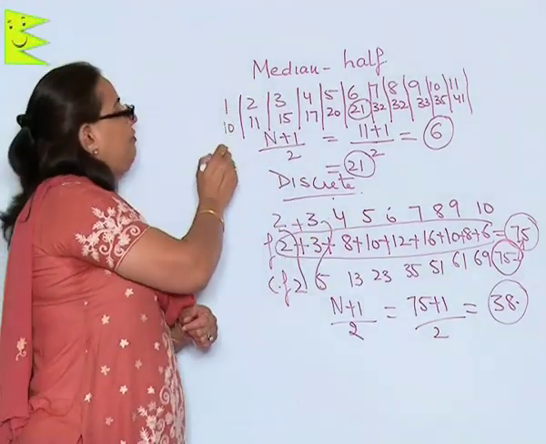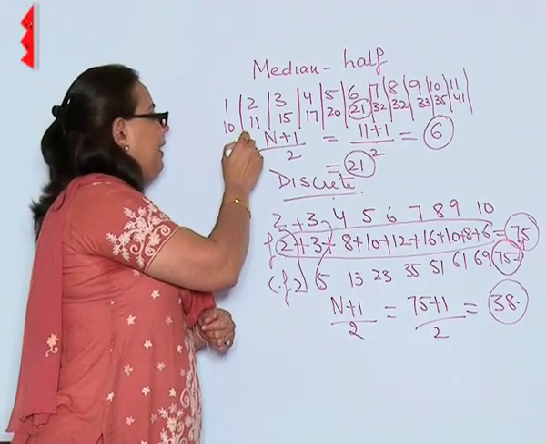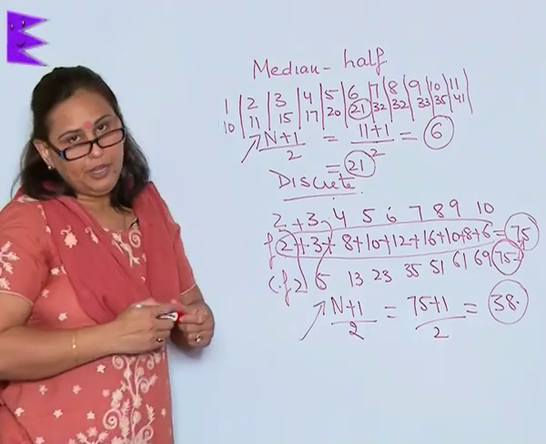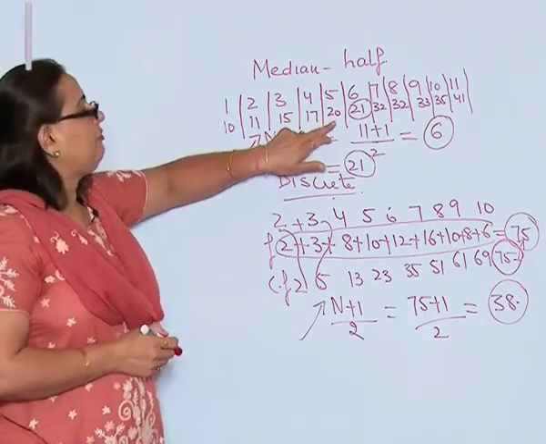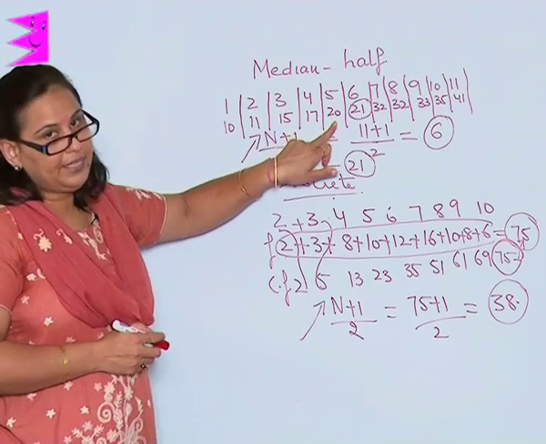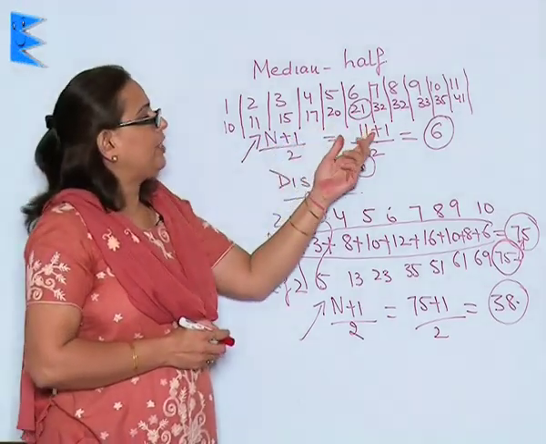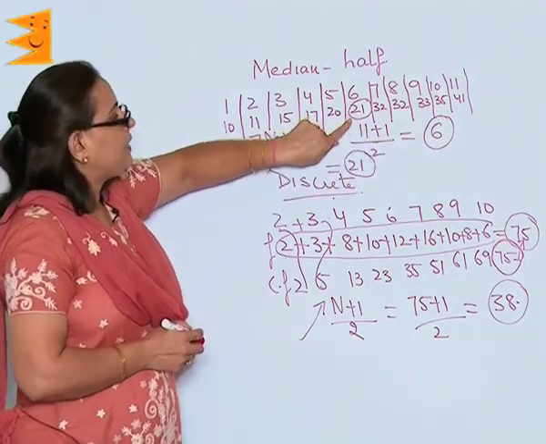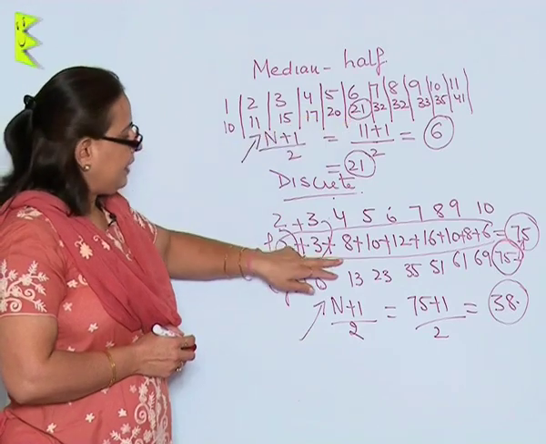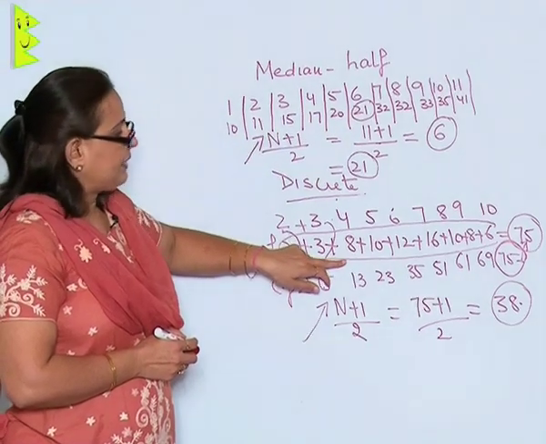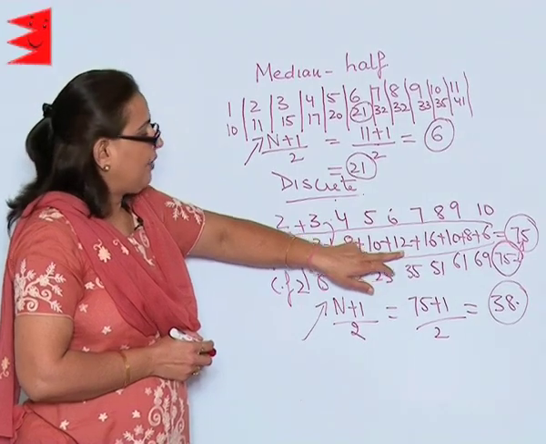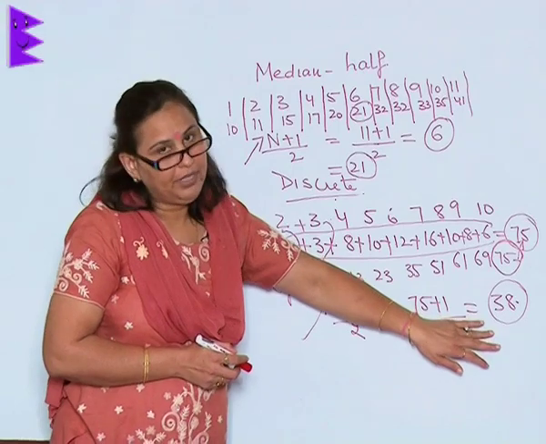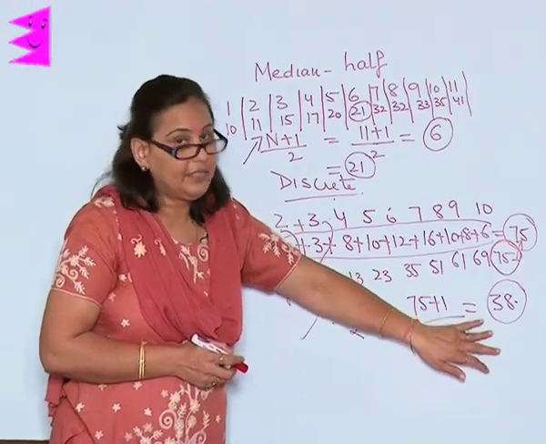So, to find the median in the individual series and in the discrete series, the steps involved are: first put the data in ascending or descending order, and in the individual series, whichever item comes out of this simple calculation is the median. Whereas in the discrete series, you calculate using the cumulative frequency, and the number that comes out is the median.